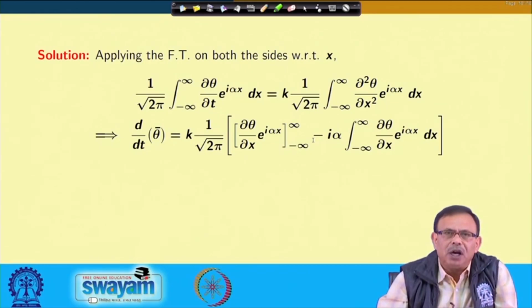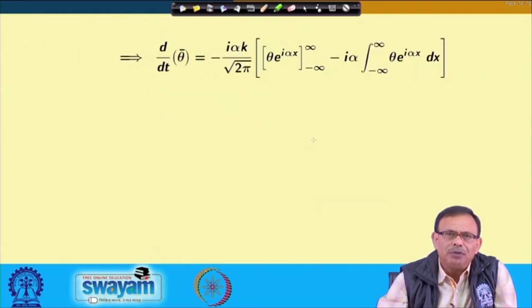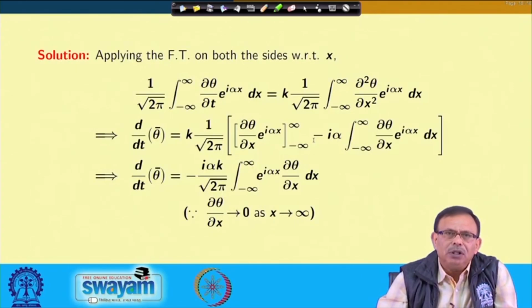For the right hand side you have to evaluate the integral, and since theta approaches 0 as x approaches infinity, the limiting value of the first term will be 0. So I will have only the second integral.